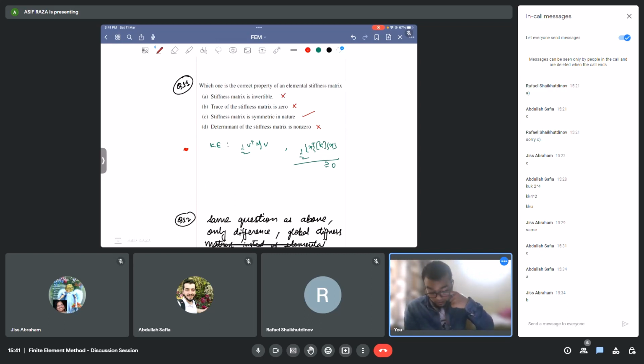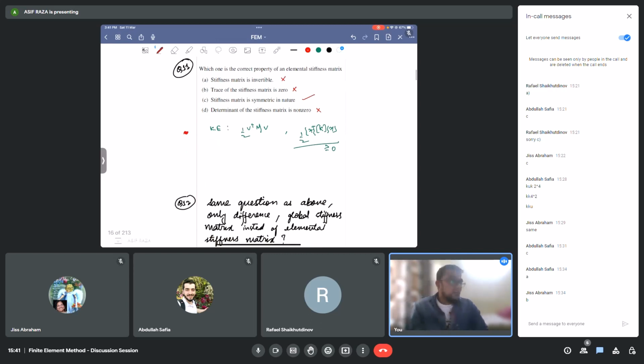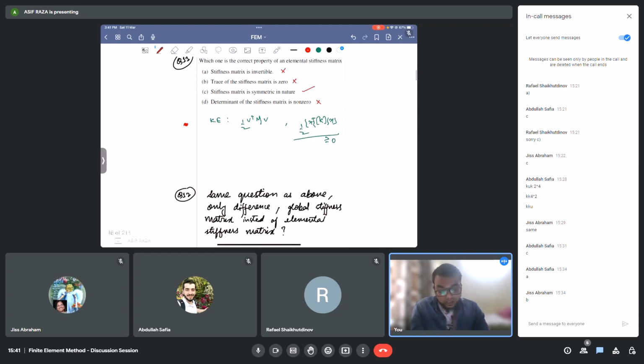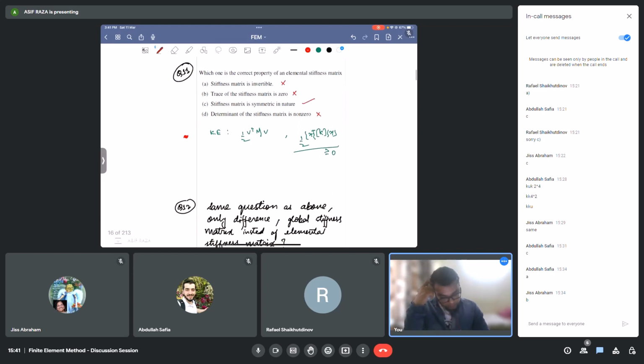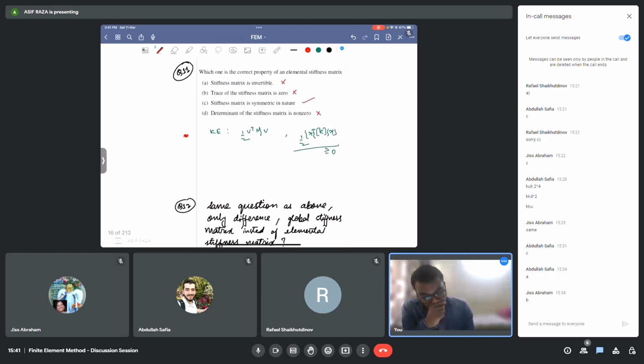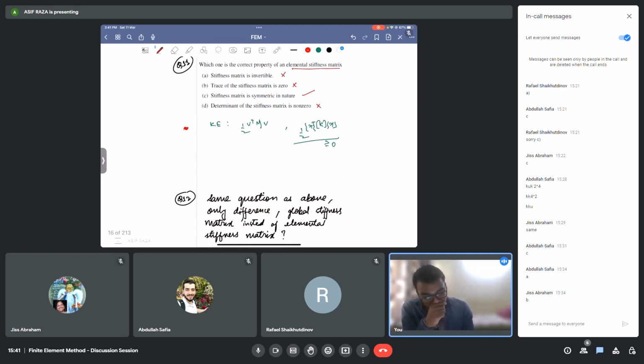As I said earlier about the two independent variable thing, I would like to ask a similar question. This one was regarding the element stiffness matrix. What if I replace it with the global stiffness matrix?